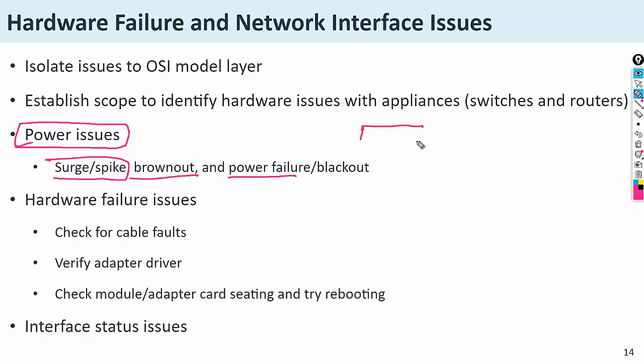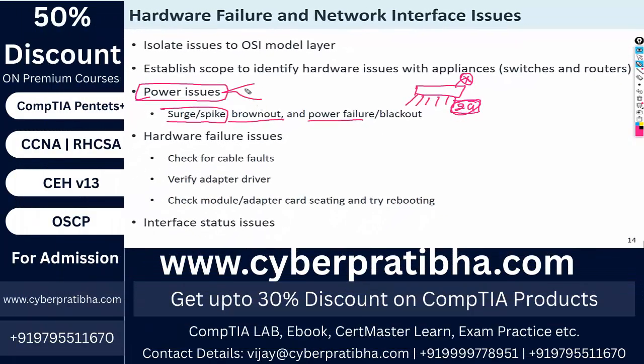So for example, if there is one switch with 24 devices connected and it is getting the power supply, if the power supply is interrupted, all the 24 devices cannot communicate with each other, neither can they communicate outside of the network. To solve this power issue, most of the companies are using the UPS, and I hope all of you know about the UPS, uninterruptible power supply.